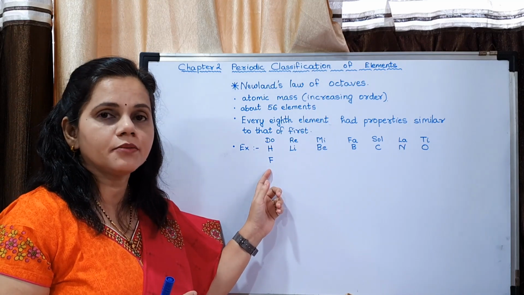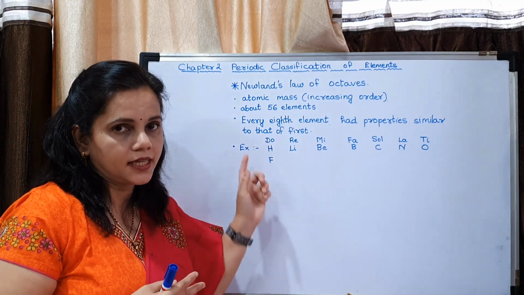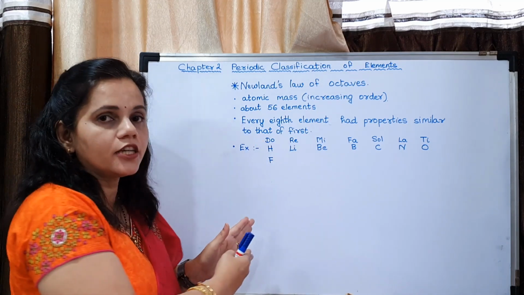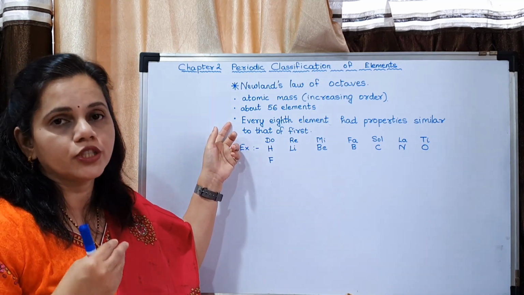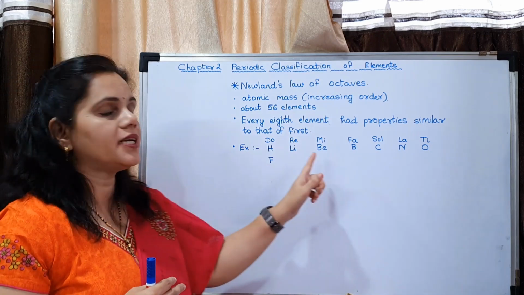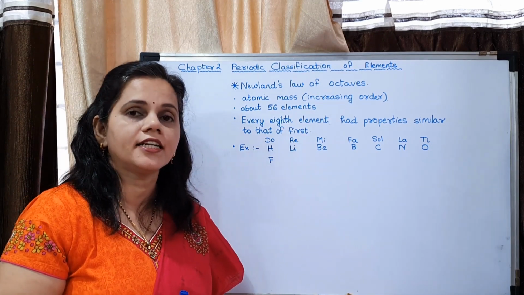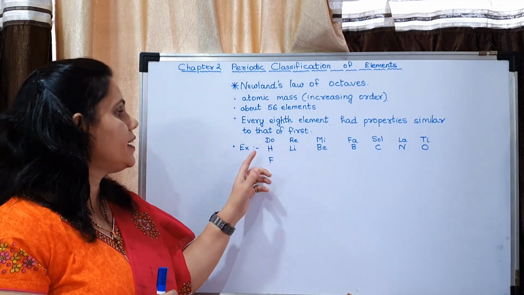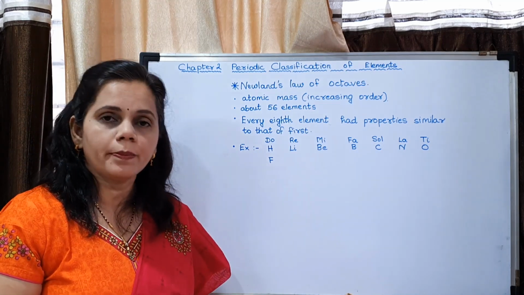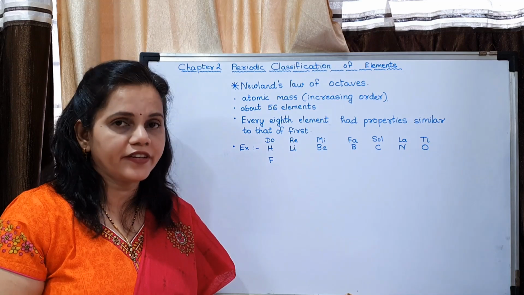All those having similar properties were arranged in groups and grouped together. So this was Newland's law. What was Newland's law? When the elements are arranged in the increasing order of atomic mass, every 8th element has properties similar to that of the first.